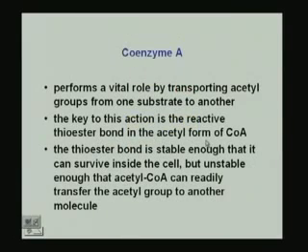Now before I get into glycolysis, this is something we looked at before when we considered the vitamins. I mentioned that each of these vitamins is the precursor for a large number of cofactors and prosthetic groups.